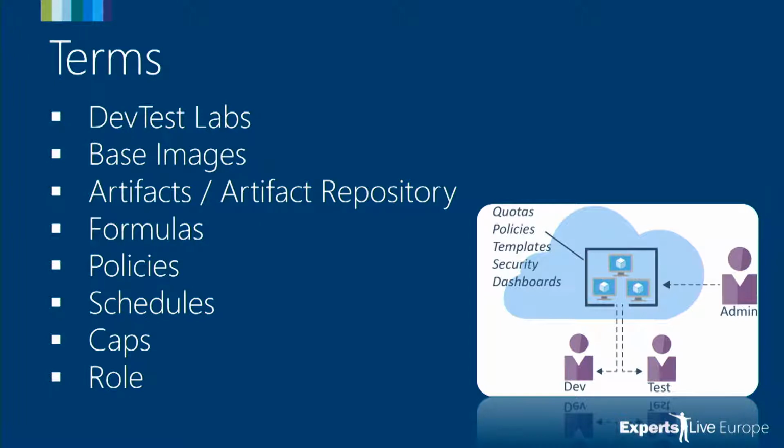Then caps. Caps is where you can get an overview of how much money you spend in this lab, on a current basis, or it will also calculate how much money you will spend in the coming month. So there is an estimate.